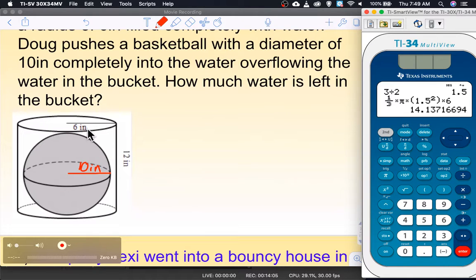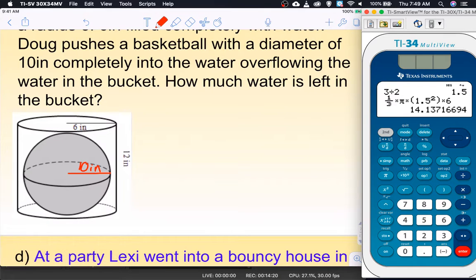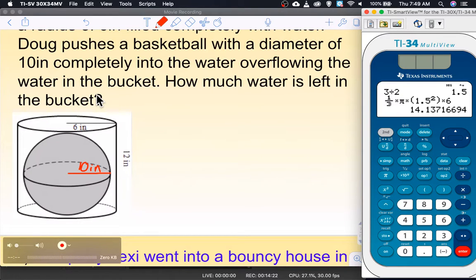Right? Because that would happen. Like if this bucket was completely full of water, and then a dude started pushing a basketball into it, water's gonna spill out over the side. Well, the question is, how much water is left in the bucket? So we want the volume of the water in the bucket.